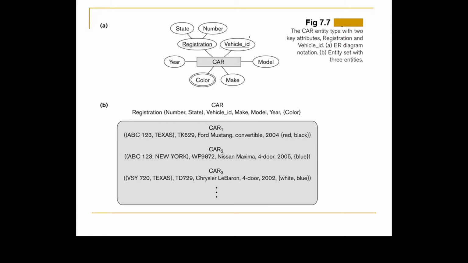Okay, figure 7.7a, and this may be 7.7b. In 7.7a, we can see that each key attribute has its name underlined. So registration is a key attribute, vehicle ID is a key attribute, and they are underlined. That means these are unique, and together they make a composite key.